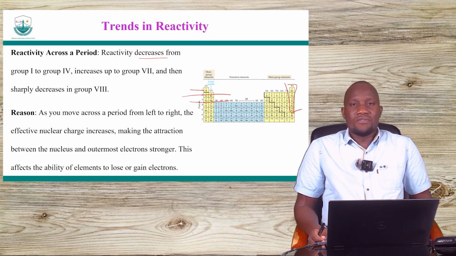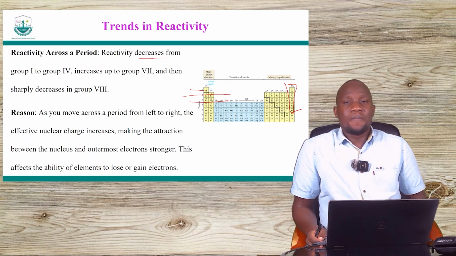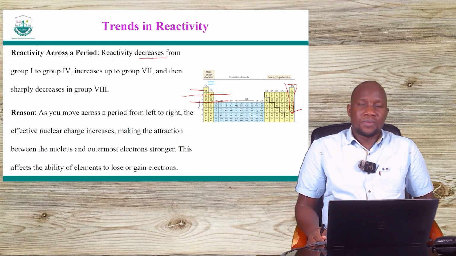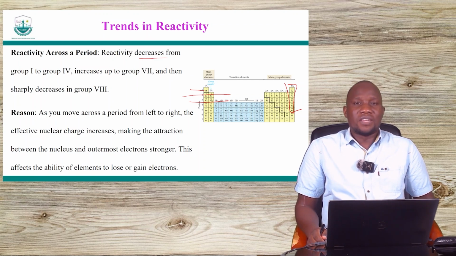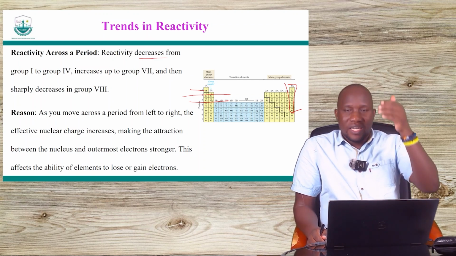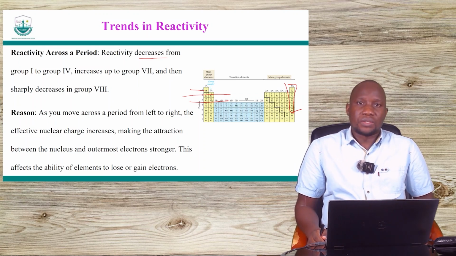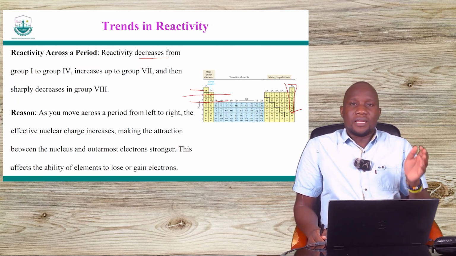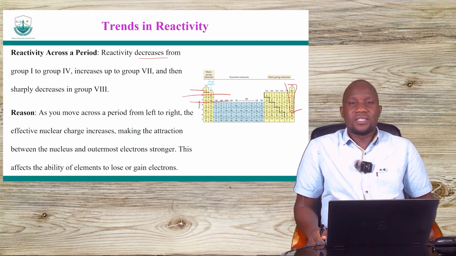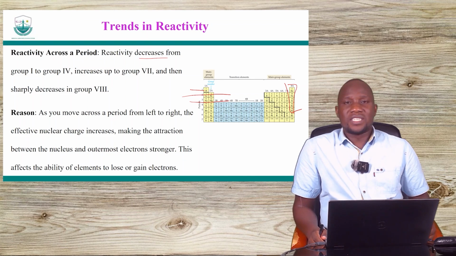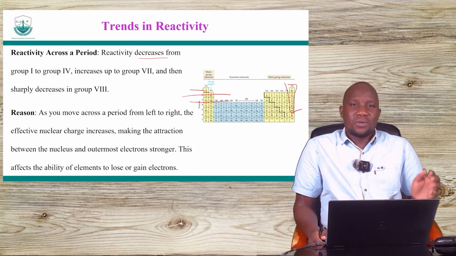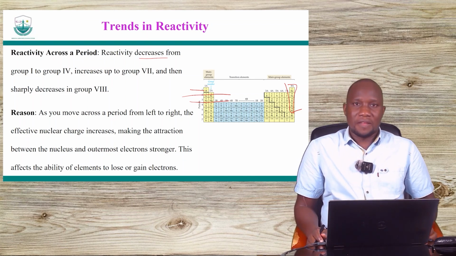And if we categorize all these elements according to their groups, we will find out that there are patterns in terms of reaction. Okay. And then also when we categorize them according to the number of shells that they have, we are basically talking about the periods, and also still there is some pattern there.